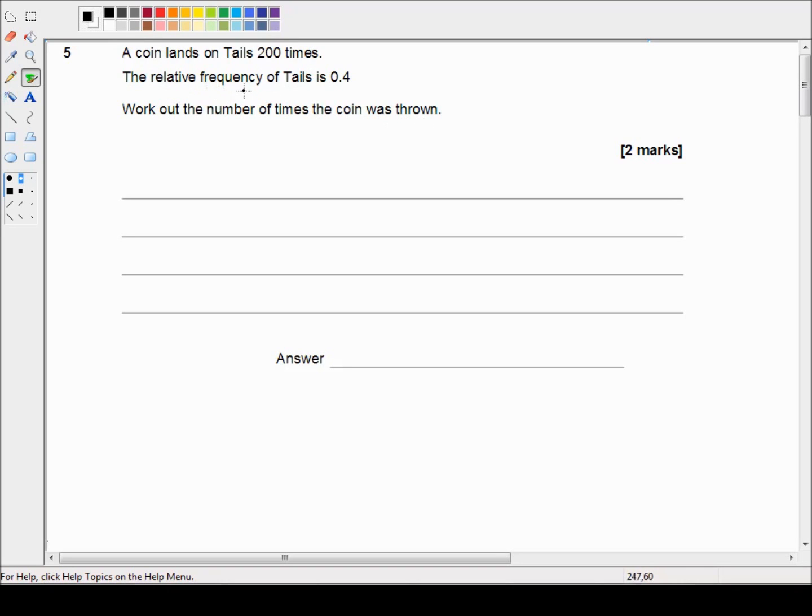Okay, so the relative frequency is just our experimental probability, or experimentally derived probability. And we know that probability is equal to event divided by sample space.